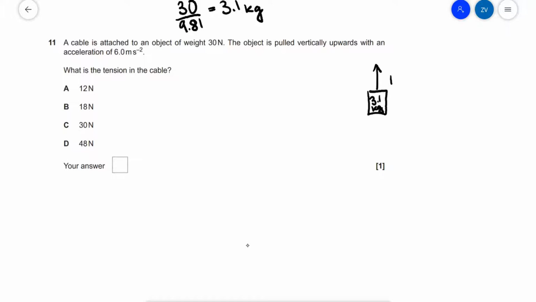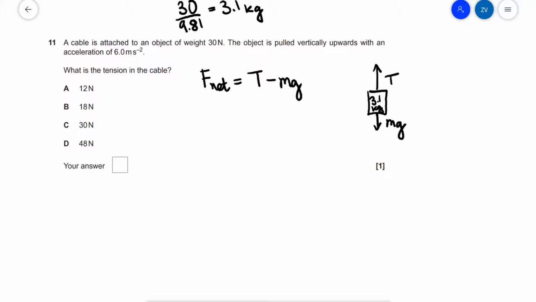Well, there are two forces acting. We have the tension, which is acting upwards, and we also have the weight, which is acting downwards. Those two combined are going to give us the net force acting on the object, so we can just write that F net, or the overall force, is equal to the tension minus mg, which is acting in the opposite direction.